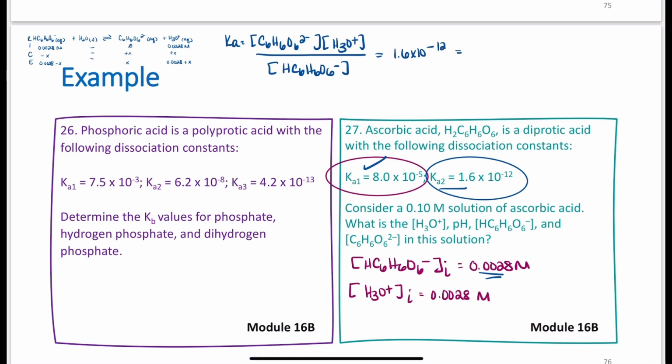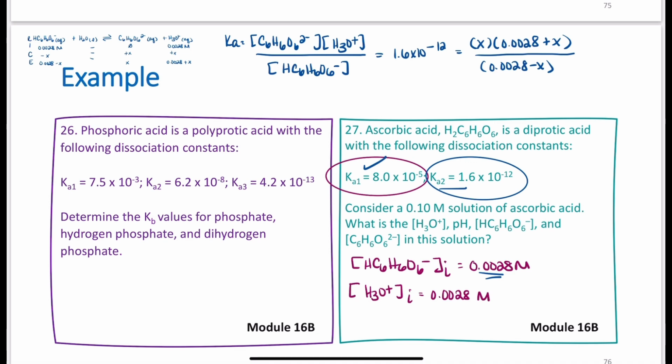And plug in what we have on the table. In my numerator, I have x times 0.0028 plus x over 0.0028 minus x.